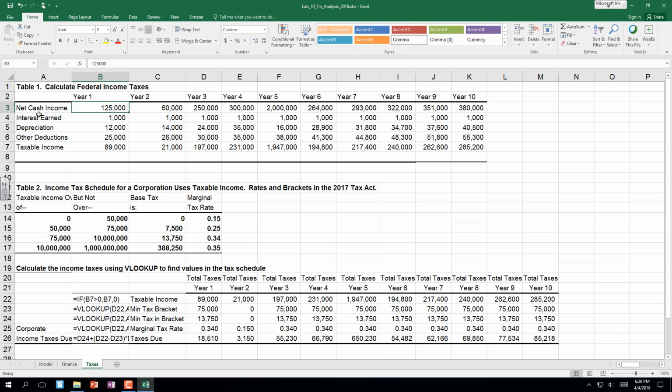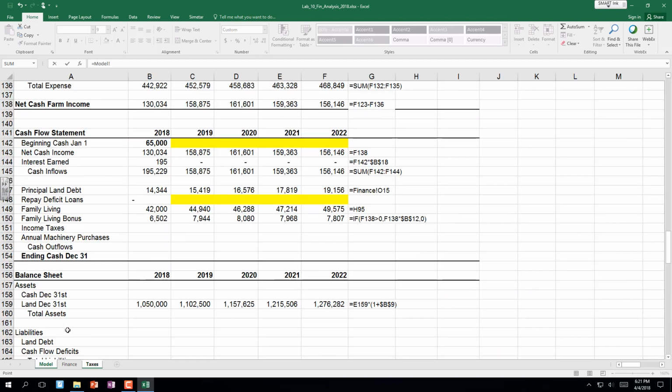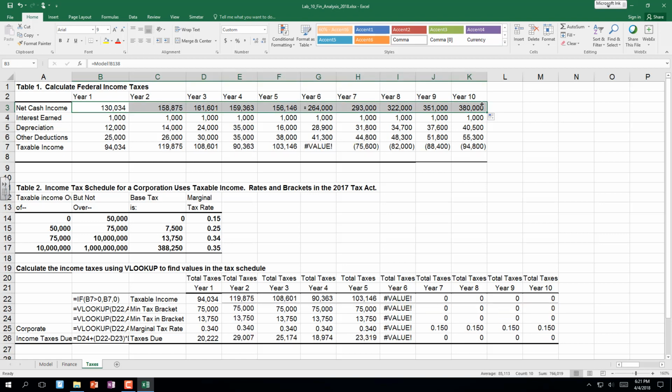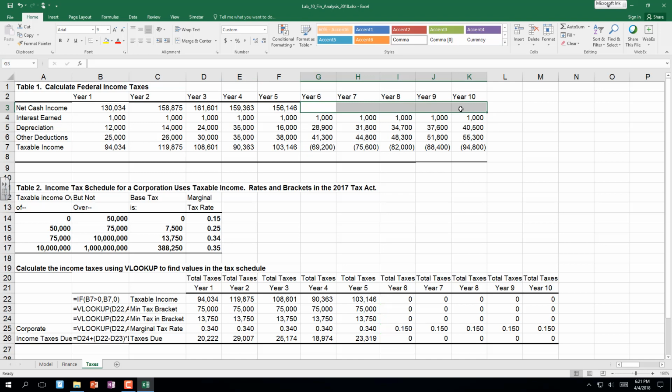This is built for 10 years because you might want to use it for 10 years. So we need net cash income, and so we're going to say equal, and we go back to the model. We can click on net cash income in B138. Okay. We're going to drag that across. And there's the zeros out there. So we don't want to drag it past year 5.